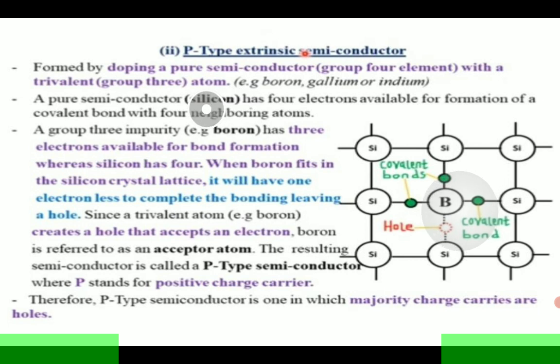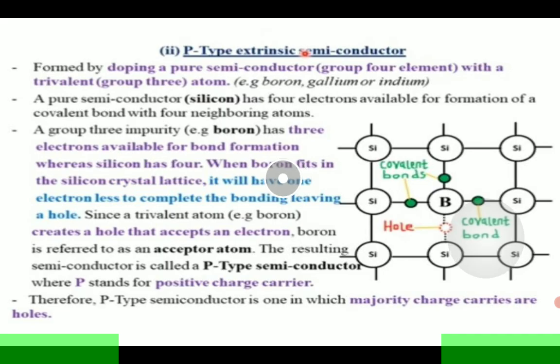A pure semiconductor such as silicon has 4 electrons available for formation of a covalent bond with 4 neighboring atoms. Silicon, by virtue of its position in group 4, is capable of making 4 bonds. You have 1, 2, 3, 4, 1, 2, 3, 4, and so on.